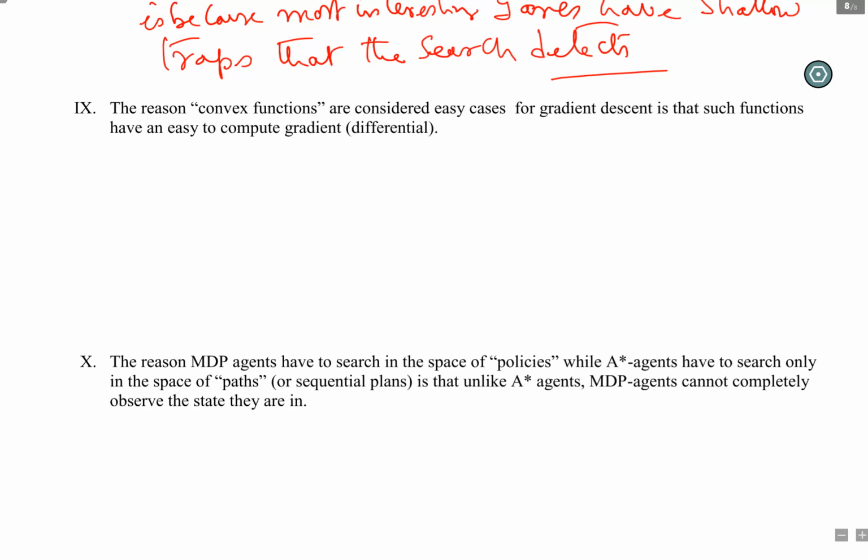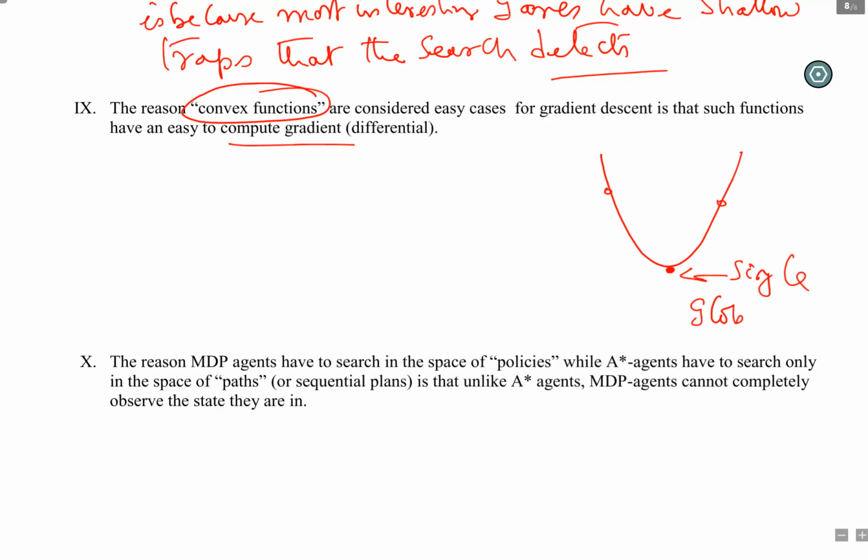Okay, so that's basically about 8. The ninth one, again, this is just a definition of convex functions. Convex functions don't necessarily have the gradient any easier to compute. All that you care about a convex function really is that it has a single global minimum. And so you cannot get stuck in local optima because there's only one optimum.